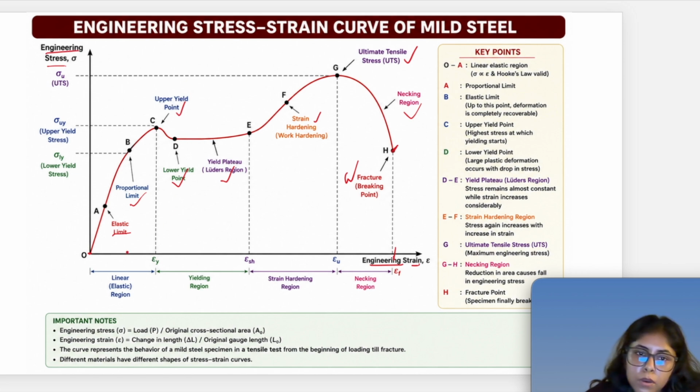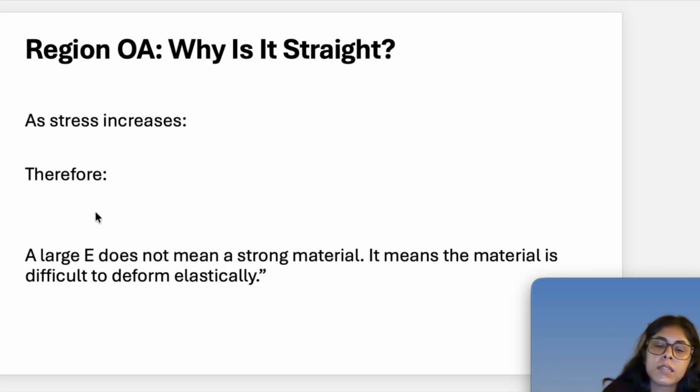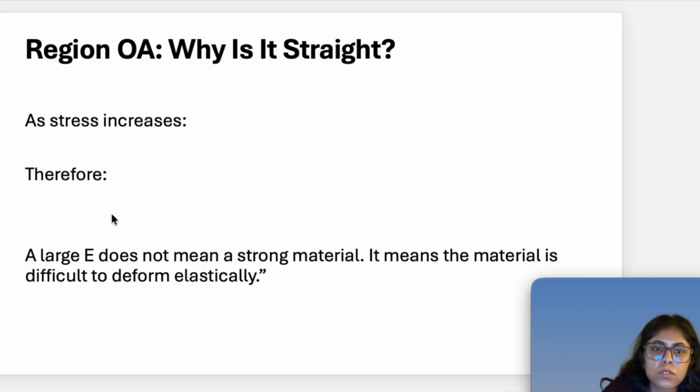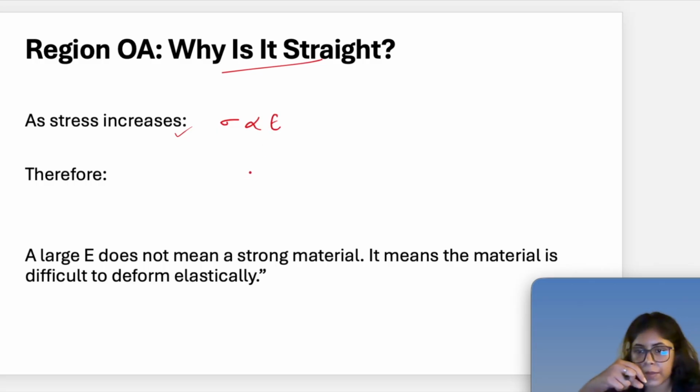From O to A, this is region OA, right? In this region, we can see that it is fully straight, a straight region. Why is it straight? We have to see that. As the stress increases, we can see that stress is directly proportional to strain, because it's linear, right?